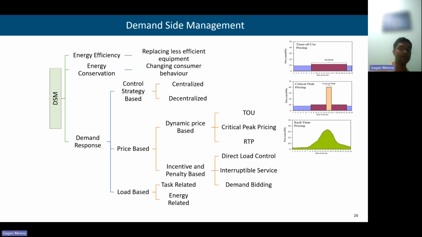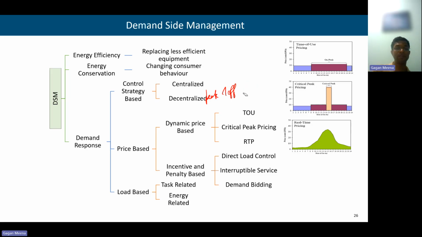Now, next one was price based. This can also be two types. One is using dynamic pricing. Here, there are three types of dynamic pricing. One is time of use tariff: a different tariff for off peak and peak hour, different price for the two times.